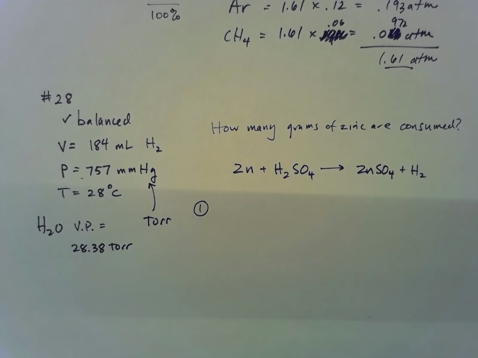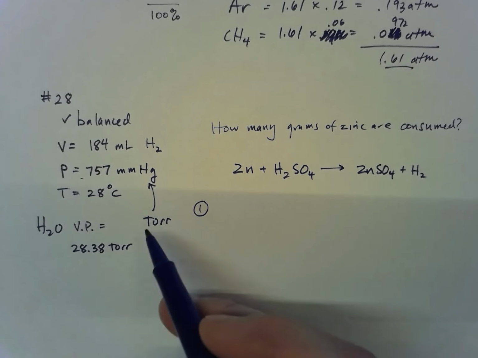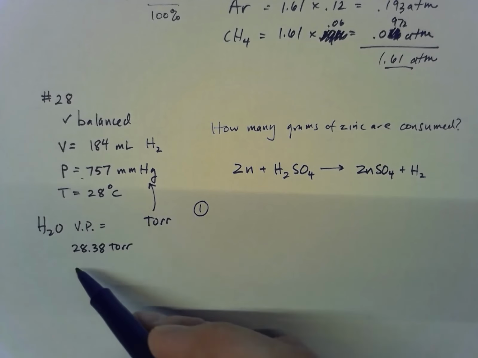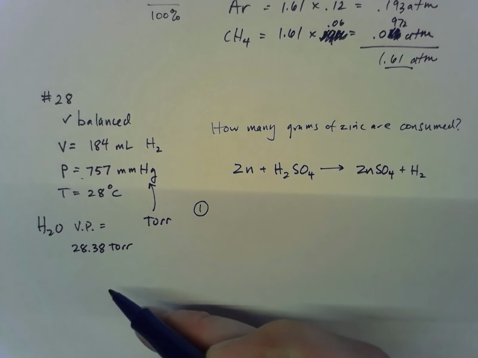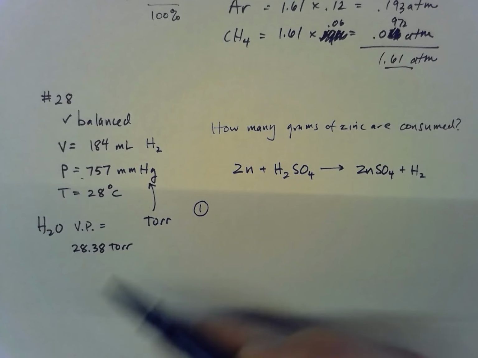All right, so what do we do with that? And so it looks like, if you look at the top of 247 there, we take the total pressure, the atmospheric, and we figure out what part of that is the water vapor pressure and what part of it is the vapor pressure that is made up of our gas.